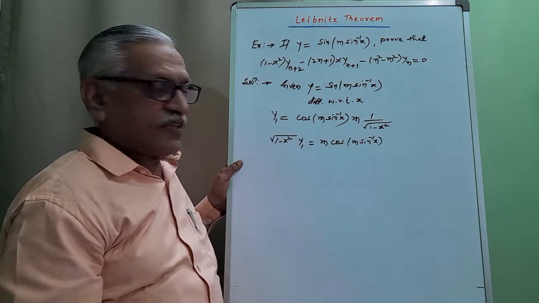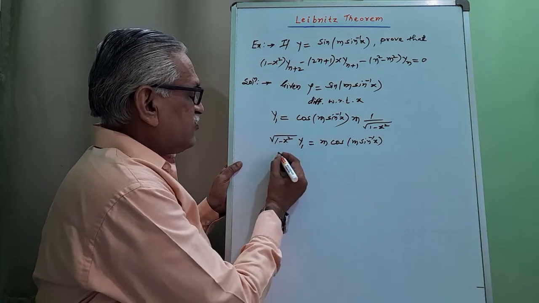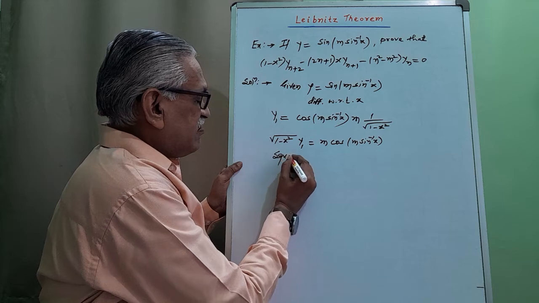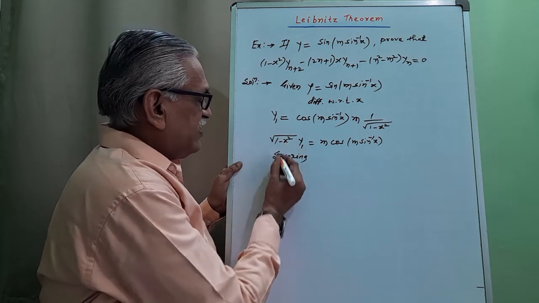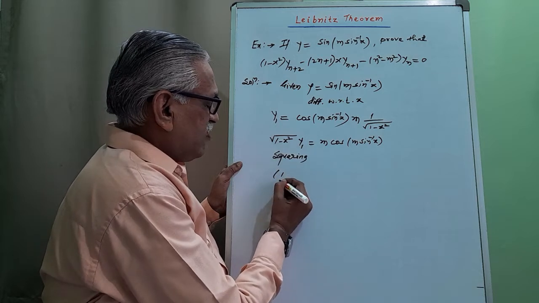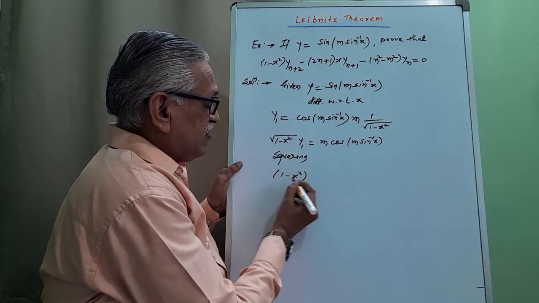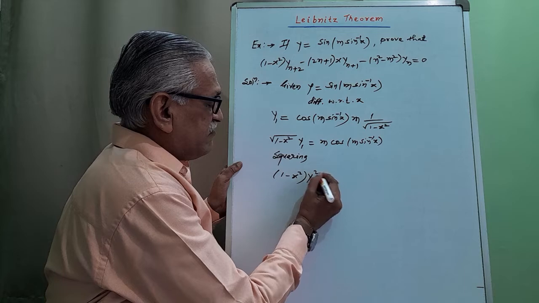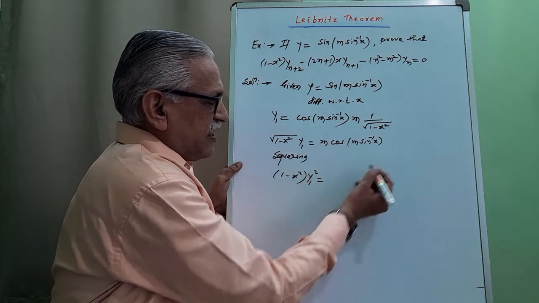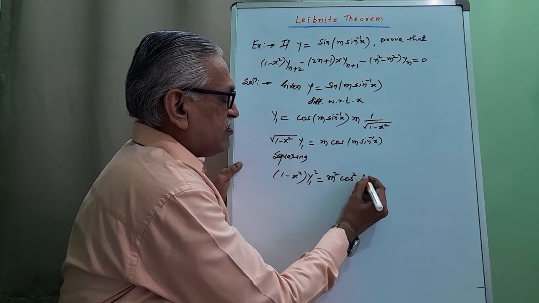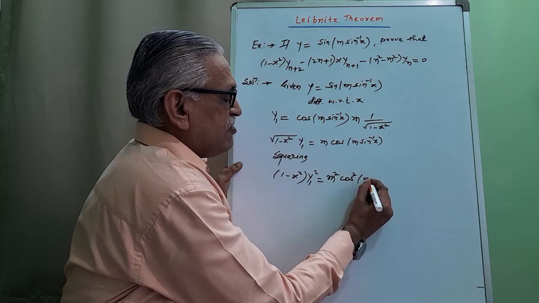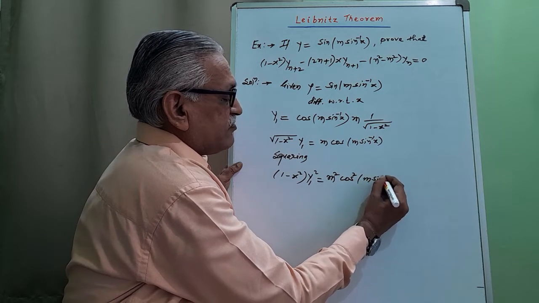Squaring it to cancel that square root sign, we get the square of the left hand side as 1 minus x square into y1 square is equal to the square of the right hand side term, m square cos square of m sine inverse of x.